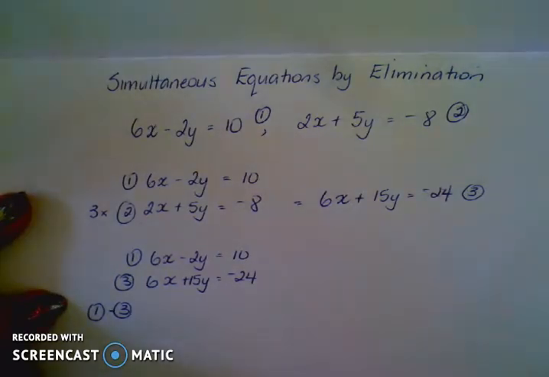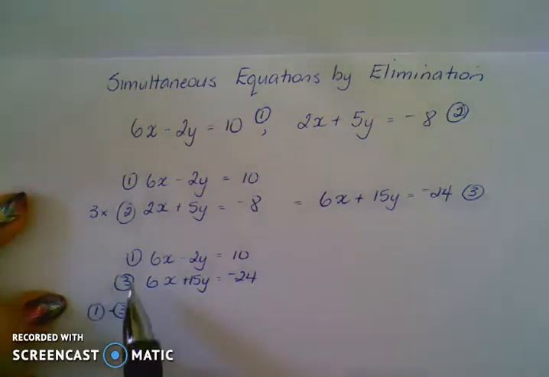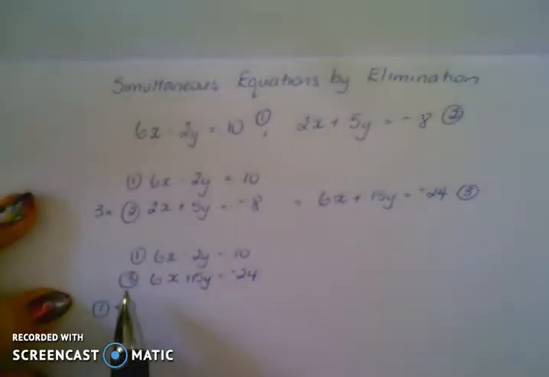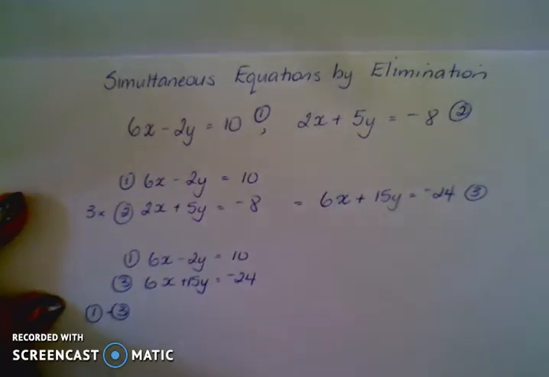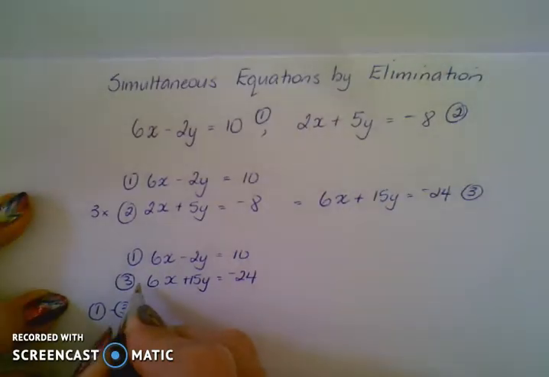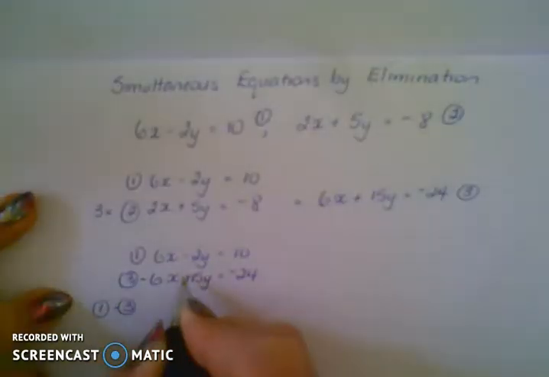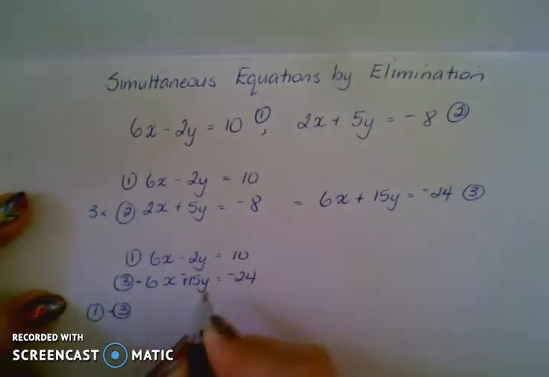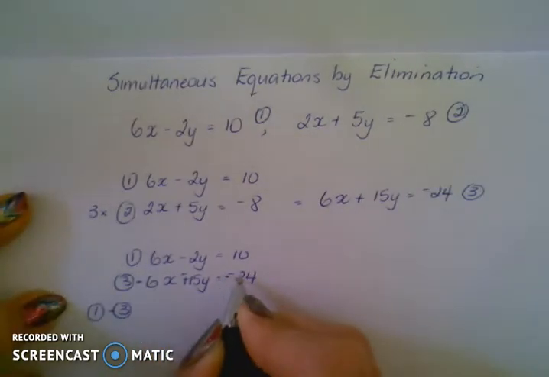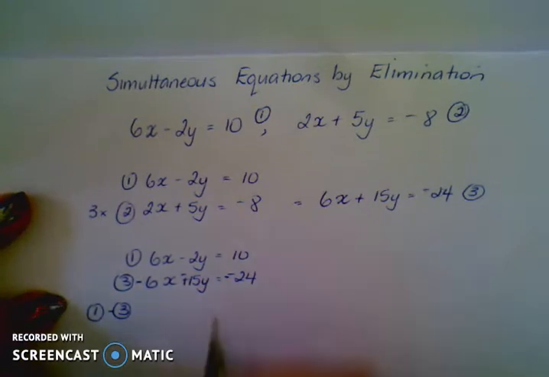Now, if I take everything away, that means I need to change all the signs, because if I put a minus in front of this in brackets, the minus 1 will change everything through. So this one will become minus 6, we'll have minus 15, and we'll have plus 24.